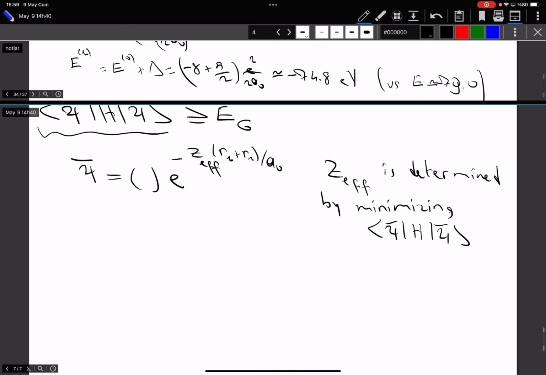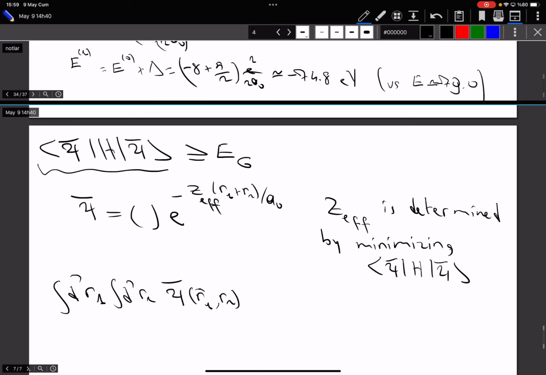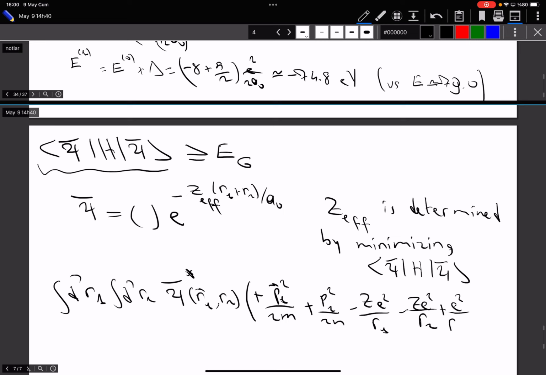So what you would do is the integral d cubed R1, d cubed R2, psi bar of R1, R2, star, times minus p1 squared over 2m plus p2 squared over 2m minus Z e squared over r1 minus Z e squared over r2 plus e squared over r12, times psi bar of R1, R2. Okay, this is what you should calculate.